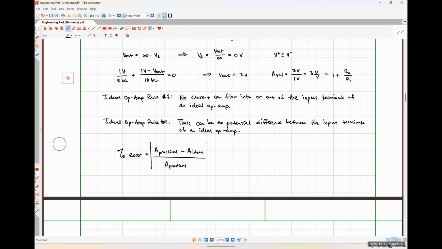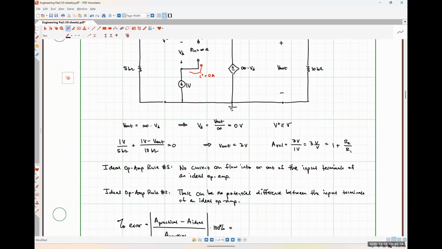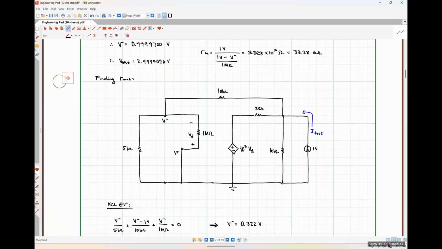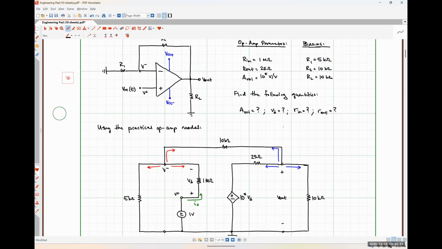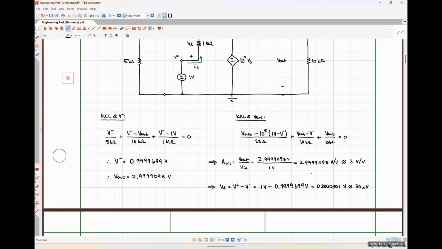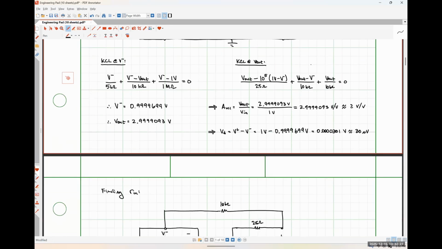I'm going to put these in absolute values times 100%. So our practical gain, if we go way back up here, was 2.9999093.